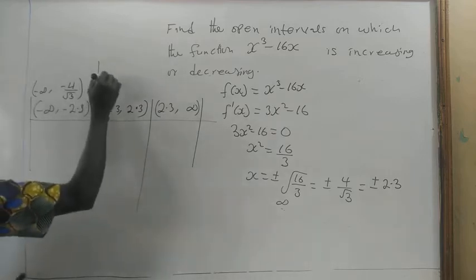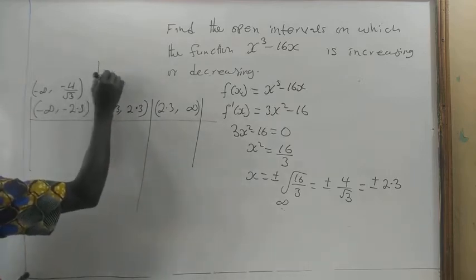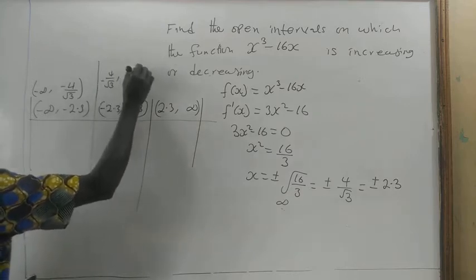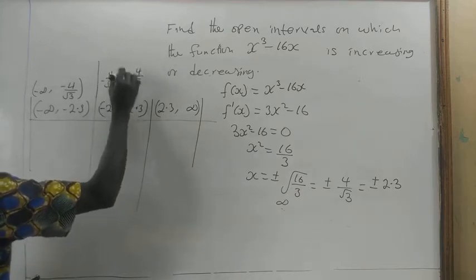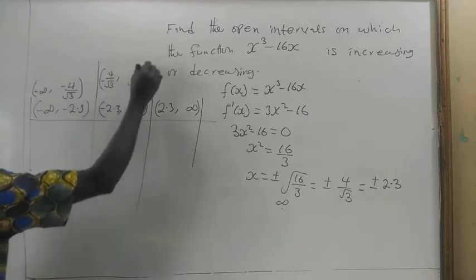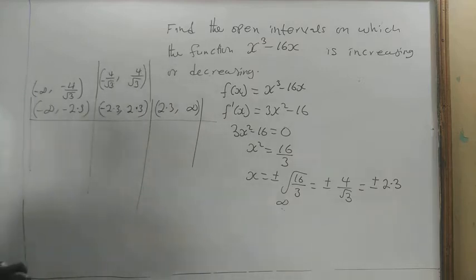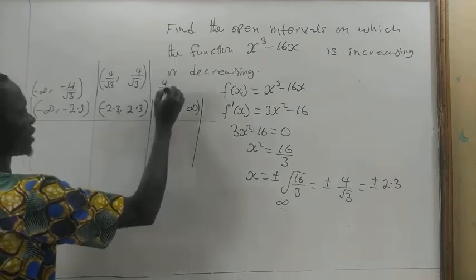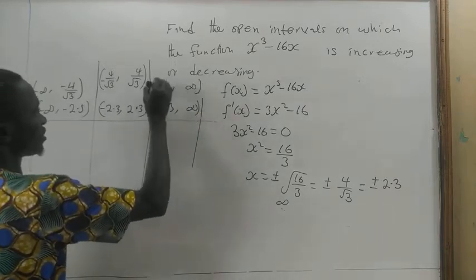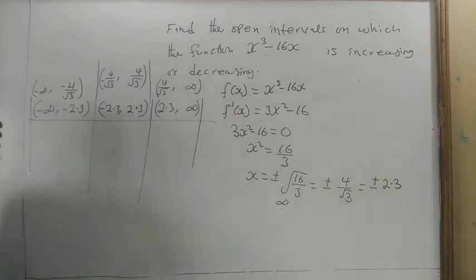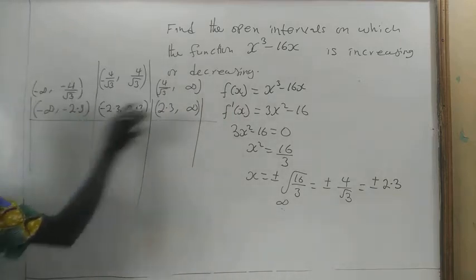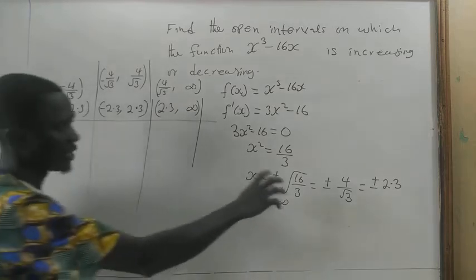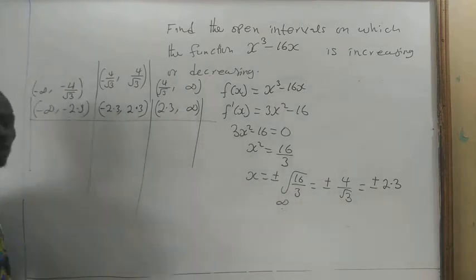Then here negative 4 on square root of 3, comma 4 on square root of 3. That will be the same as this interval. And this one will be 4 on square root of 3, comma infinity. That is also the same. So whether you use this or what I've done in decimal form, always convert it to decimal form so that you can choose your values.